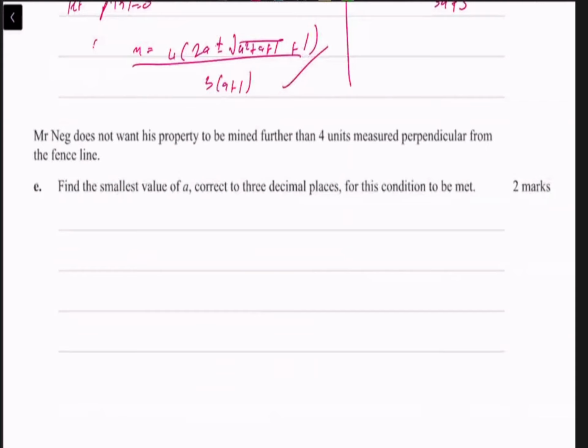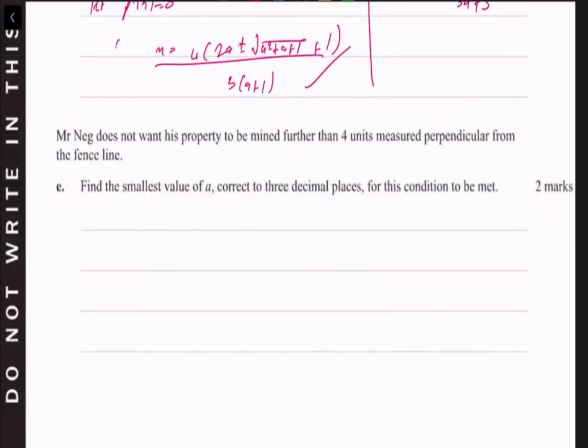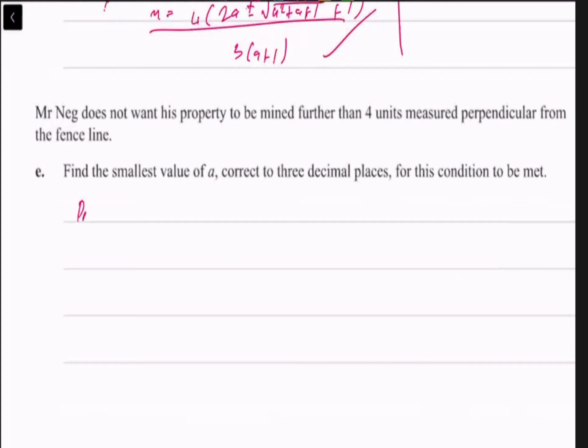So Mr. Meg does not want his property to be mined further units perpendicular to the line. So find the smallest value of a. Basically it's asking for what value of a will the p minimum be less than -4.